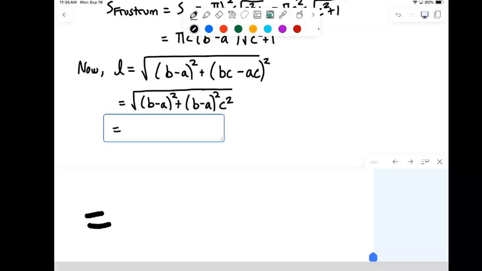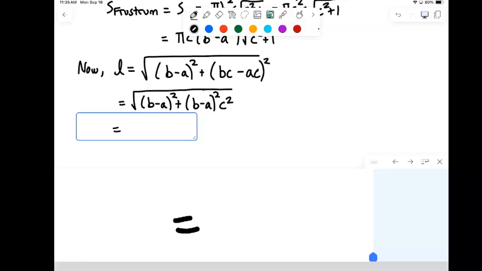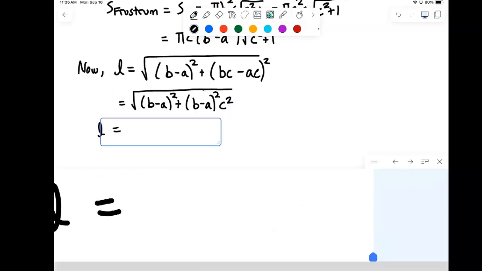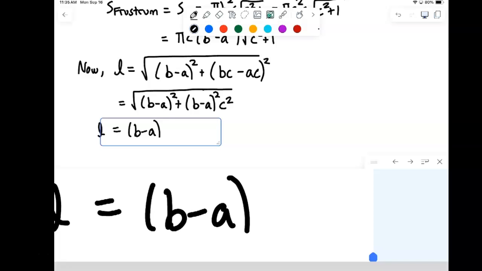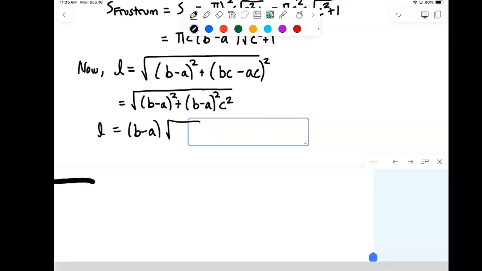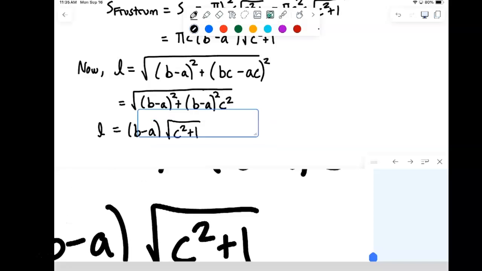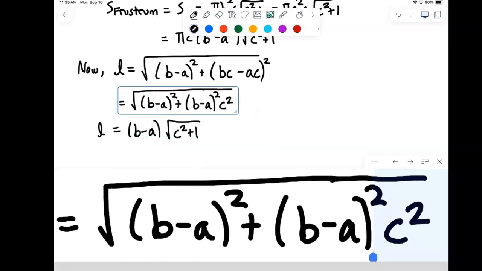Now, normally that would be absolute value, but in this example, b minus a, because of how we set it up, is positive. So that would just be b minus a times the square root of c squared plus 1. Okay.